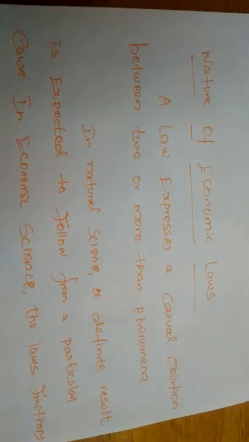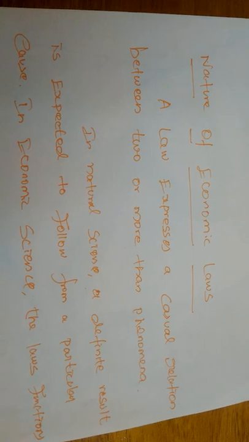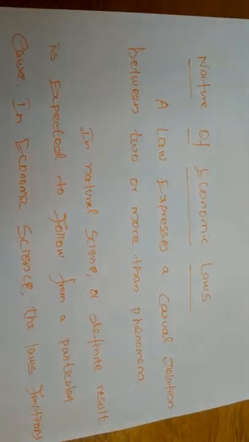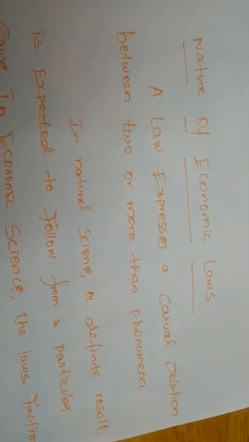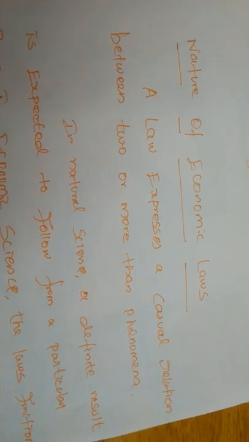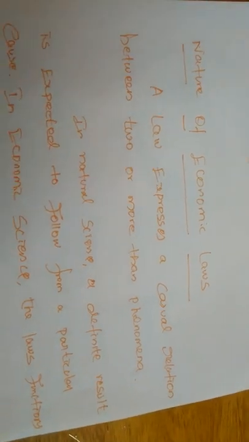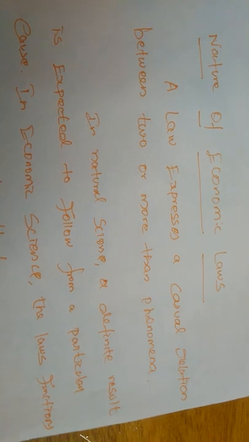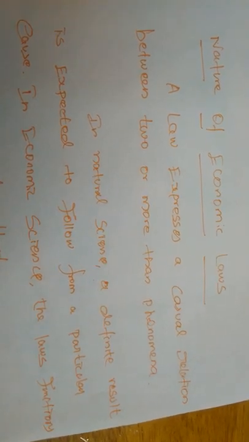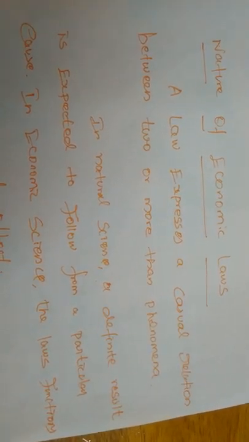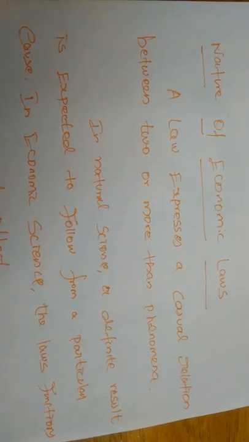Whenever some of the other reasons change, on the basis of that change only, the price of the commodity will increase. So when there are exceptions, we cannot accept this law as a definite or accurate one.